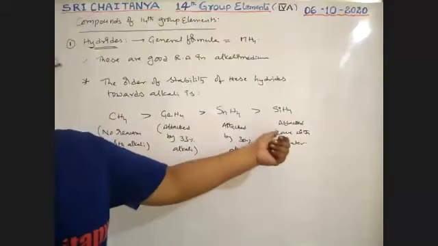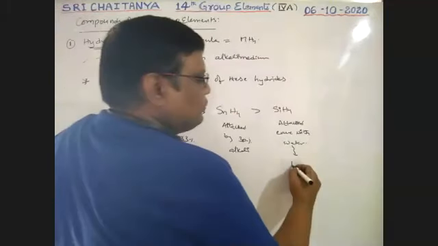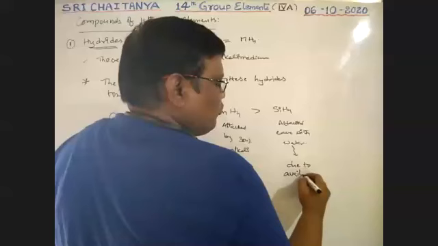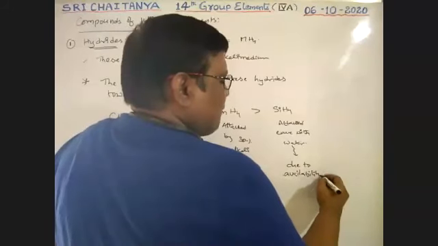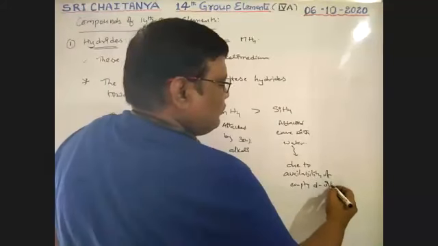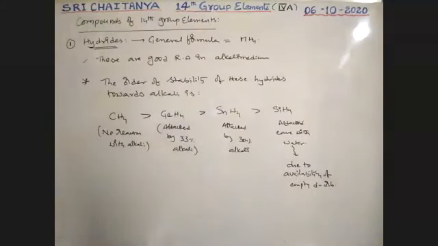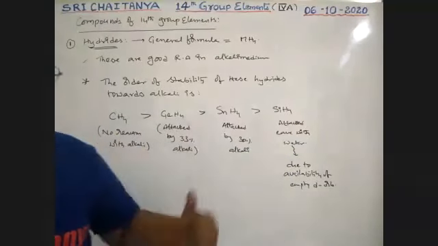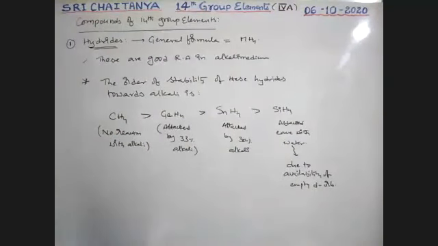This is due to the availability of empty d orbitals. Because of that, it is very reactive towards NaOH and even with water, and methane is almost non-reactive with water molecules.